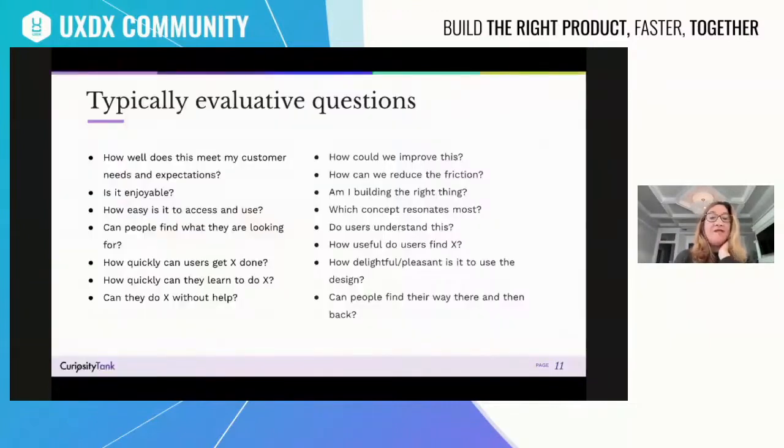Typically, it explores evaluative questions, right? Some examples of evaluative questions would be what you see here. So this is evaluative questions in terms of there is something for the respondents to evaluate. The product or service has been developed to a point where there is either a storyboard or a paper prototype or even a low or high fidelity prototype.